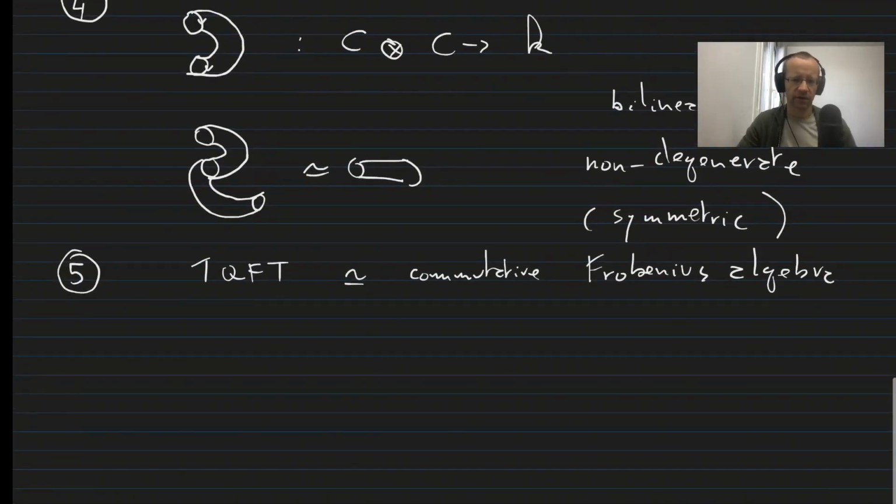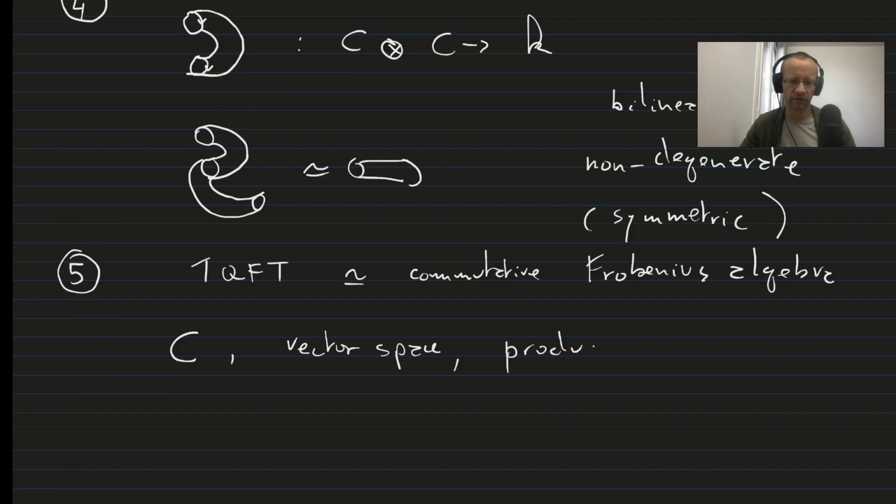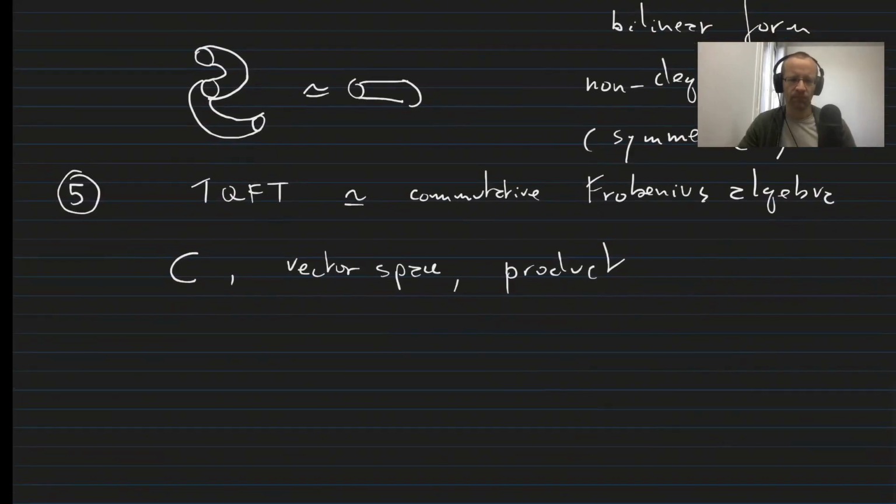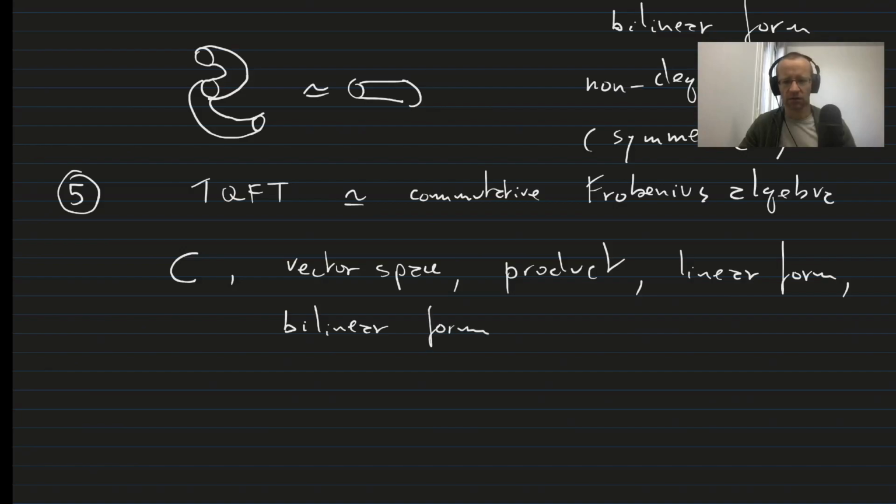Well, a Frobenius algebra, C, is by definition a vector space with a product, which is associative, which one can see from composing pictures above. Moreover, it has a linear form, which can be thought of as a bilinear form, which is symmetric.